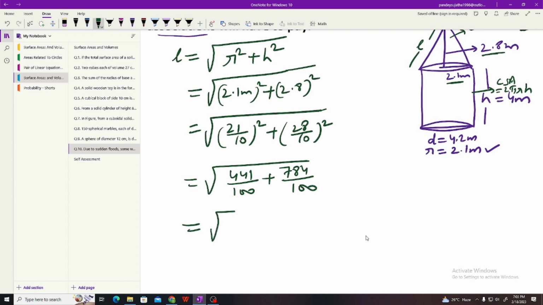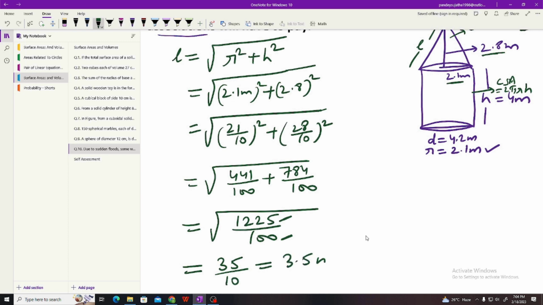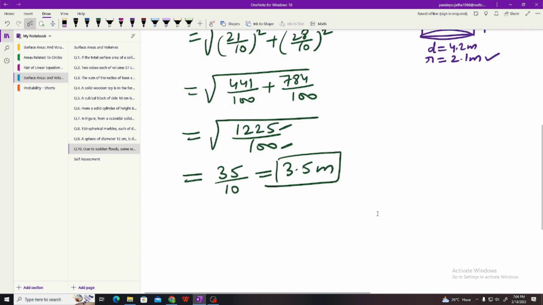Solve it. So we get 1225 upon 100. So find the square root of 1225. We get 35 and the square root of 100 is 10, which is equal to 3.5 meter. So the slant height of the conical part of the tent is 3.5 meter.